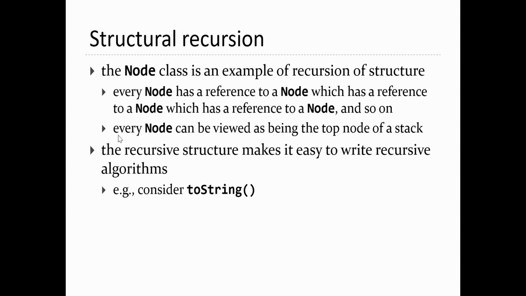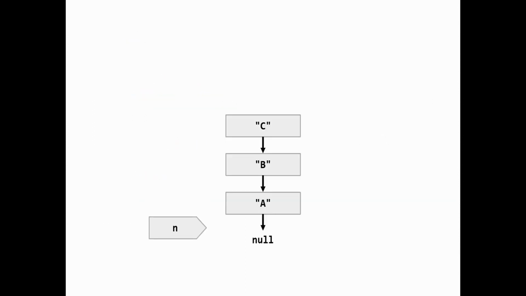If you stop and think about this for a second, you can imagine that any node that's not null is the top node of some stack. So what do I mean by that?